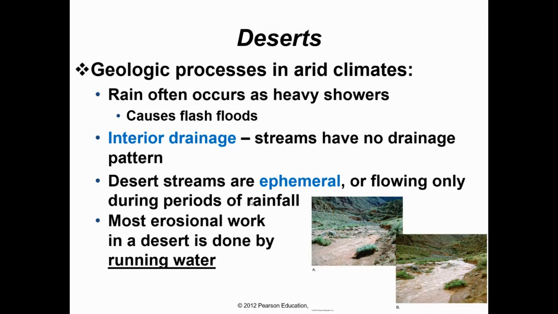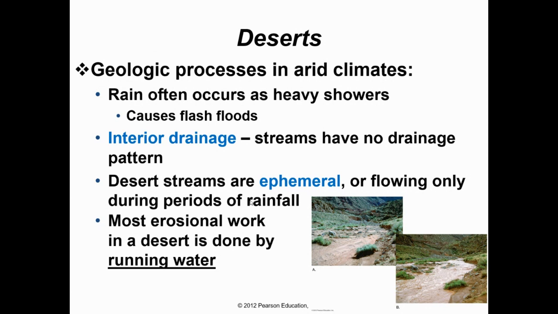Soil, when it gets baked like that for long periods of time, becomes hydrophobic, and that basically means that the soil develops properties where water has difficulty infiltrating through it. So when flash floods occur as a result of these thunderstorms, not much of the water will infiltrate through the soil because of that hydrophobic nature.